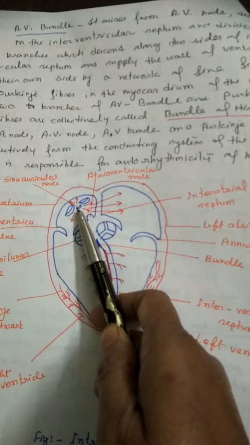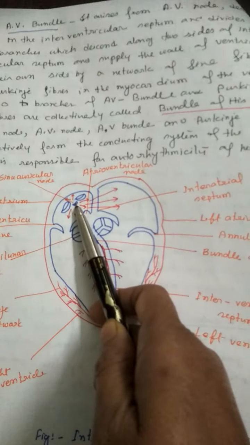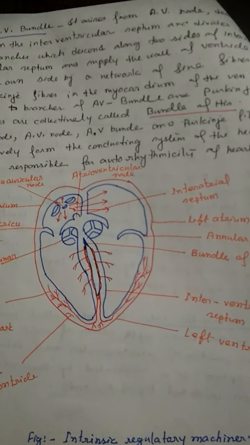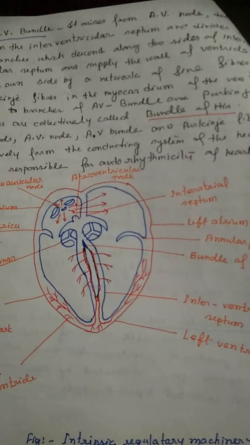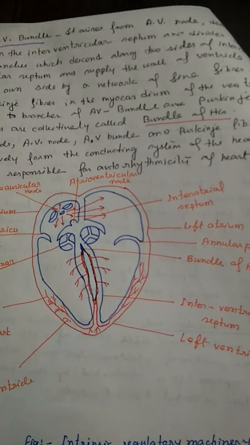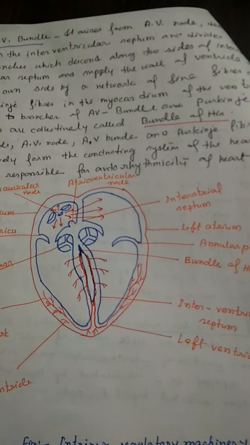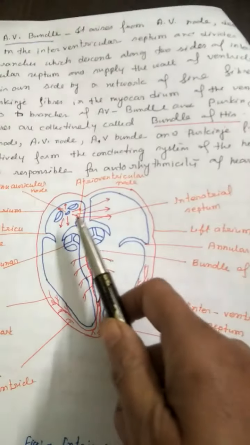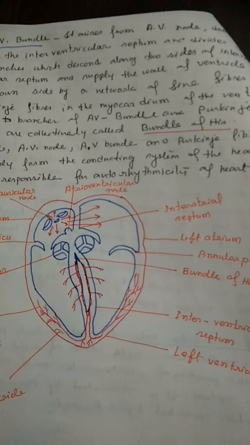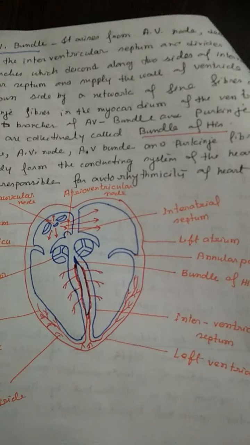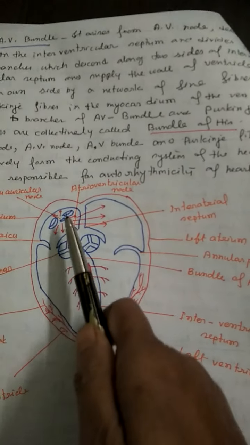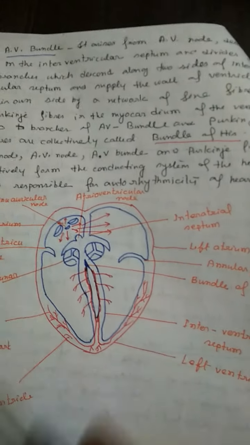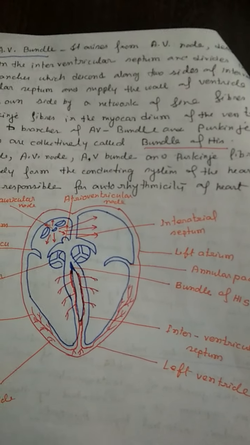This part is known as the sinoauricular node, and it has a resting potential of only 50 to 60 millivolts. It is also called the pacemaker, as it is the first to originate the cardiac impulses. From here impulses are produced and determine the rate of the heartbeat. So it is known as the pacemaker.